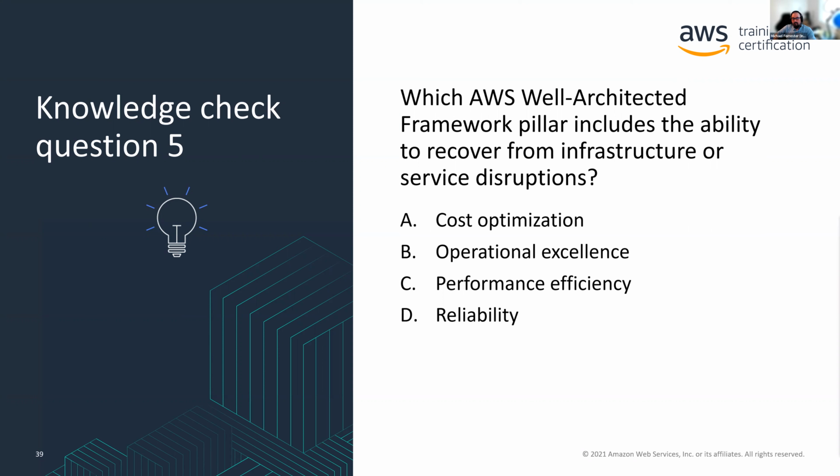So this is reliable, right? If it's consistent, it's typically considered to be reliable as well. So reliability is the pillar here that applies to the ability to recover from infrastructure challenges.